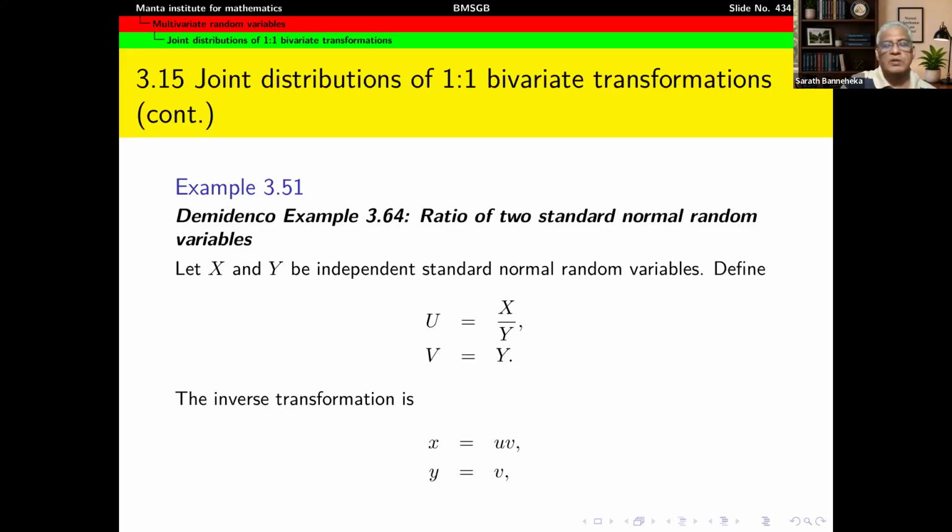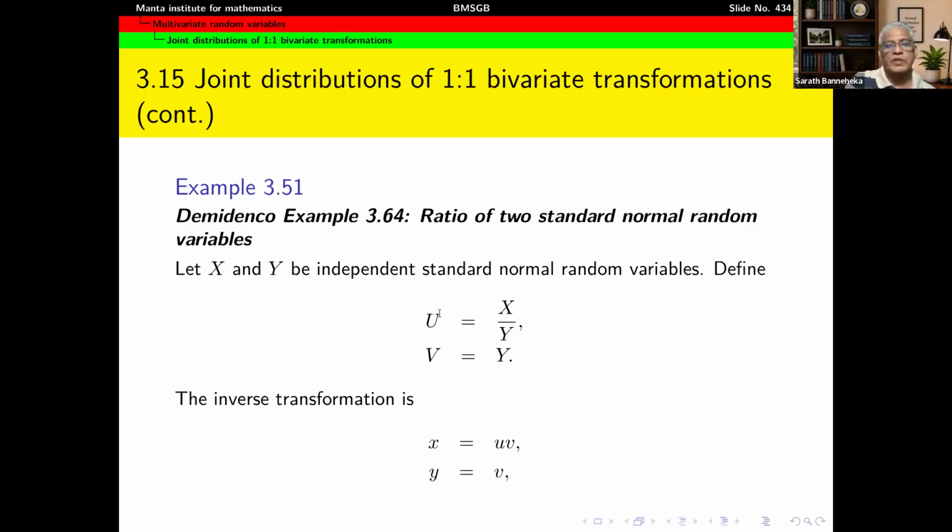And suppose we are interested in actually finding out the distribution of the ratio, but of course, we cannot directly find that out. We first have to consider a transformation from x, y to some other two random variables, like u and v, then get the joint density of u and v, and then find the marginal from that.